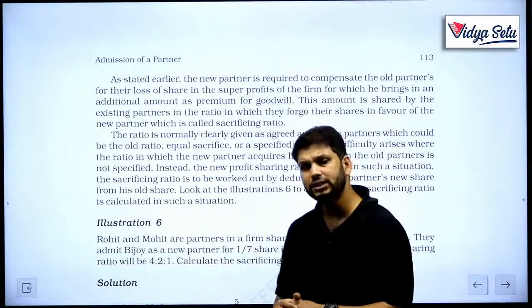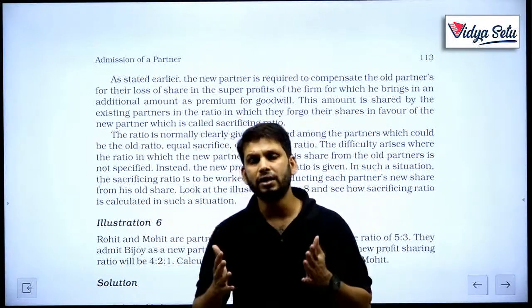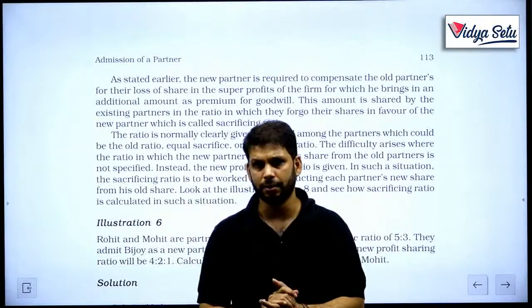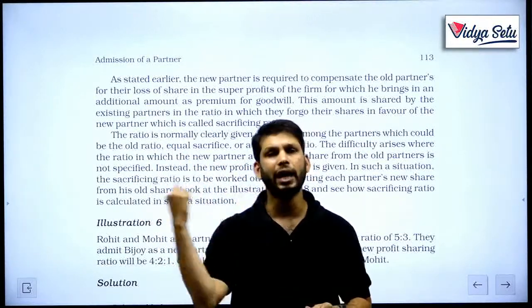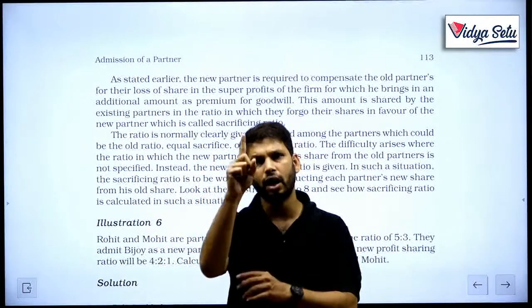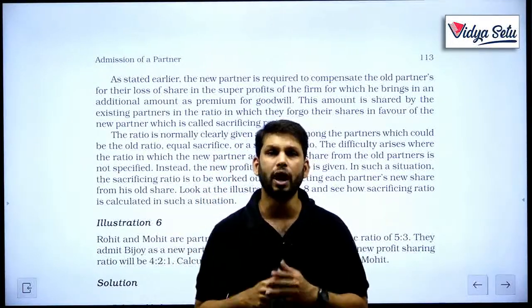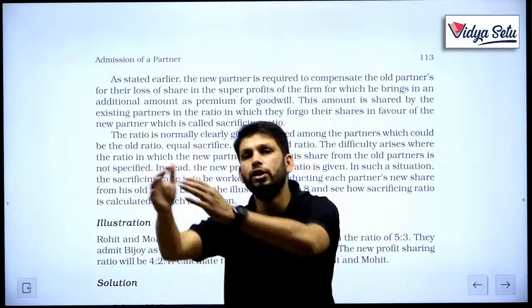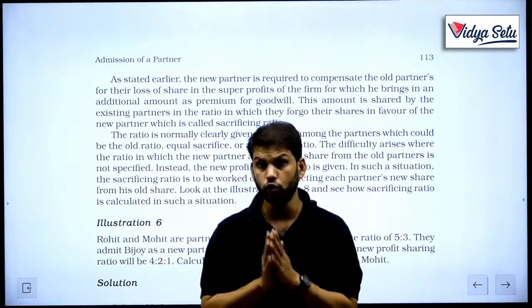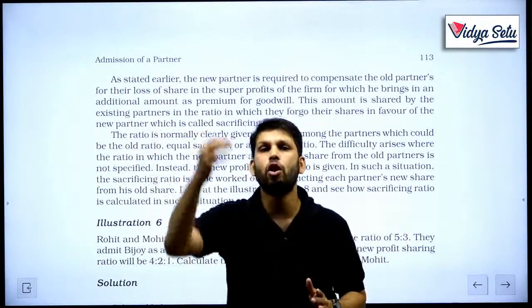The old partners are sacrificing so that the new partner can be accommodated. The total profit can be only one, and out of one, whatever they surrender will only go to the new partner. So the new partner will compensate them.